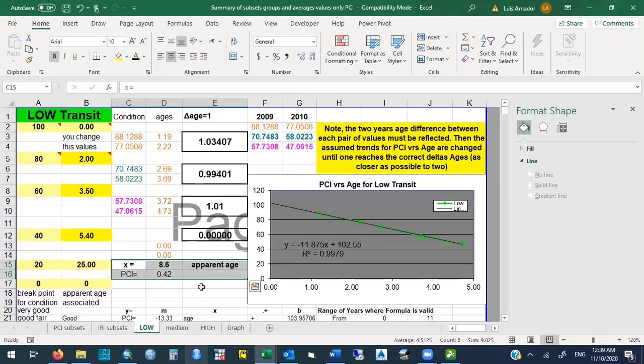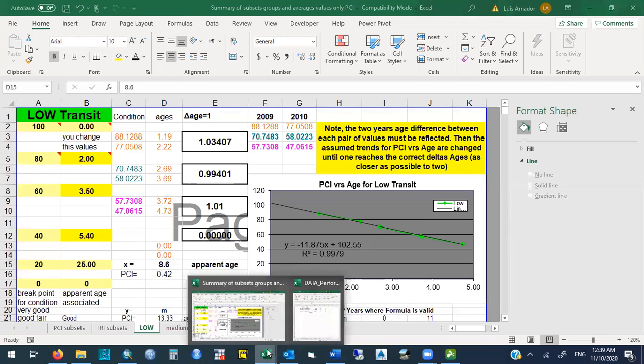But how long is the life, not service life? Service life is the moment at which you can do a reconstruction. The life is the moment from brand new to fully destroyed. 9 years, 8.6 years. You see how short is the life of a pavement in terms of PCI for this type of road, which is the one that we were doing.